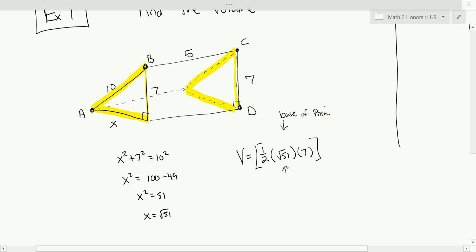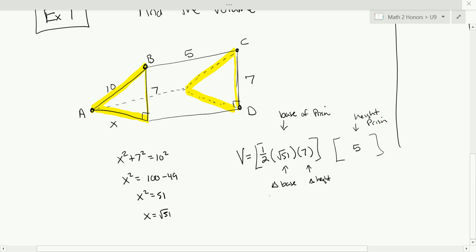But notice the square root 51 is the base of our triangle, and 7 is the triangle height. And so we still need one more piece, the height of the prism. And the height of the prism is perpendicular to the base, and so that's going to be our 5.